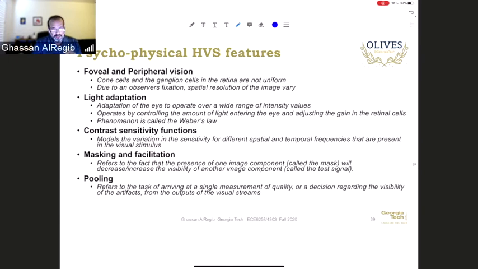So the first one is that the cone cells and the ganglion cells are not really uniform in their distribution, so we're not looking at every single pixel equally. It doesn't matter where they are; it depends on where our gaze is. They do not have the same weight in our perception of the quality.